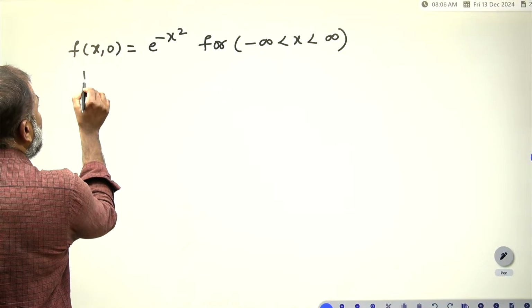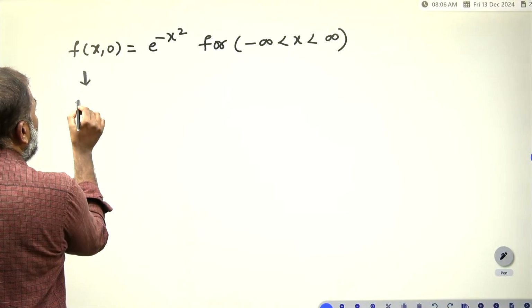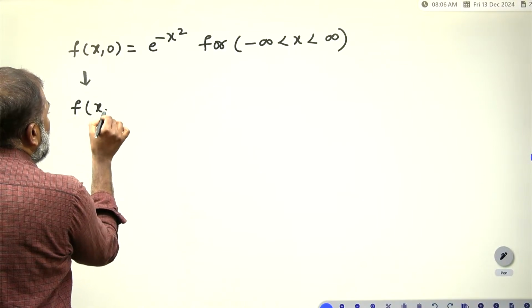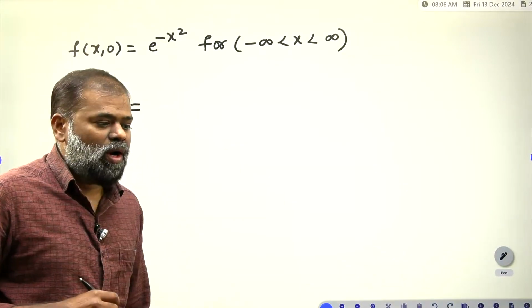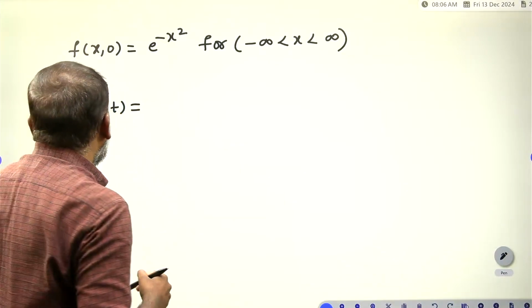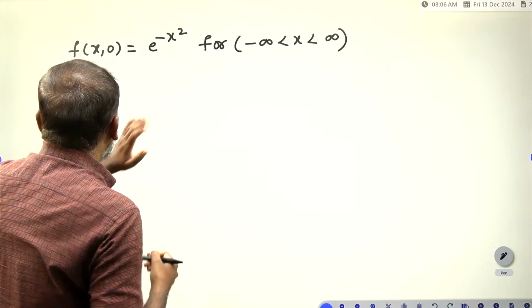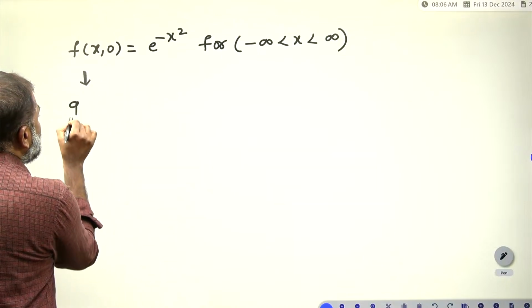This initial condition I am rearranging. f of x comma t, I am converting to g of x comma t.